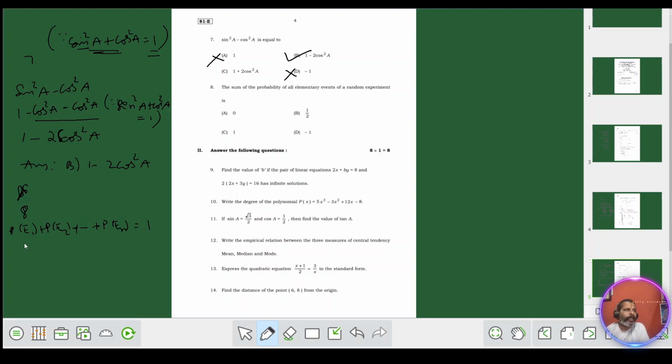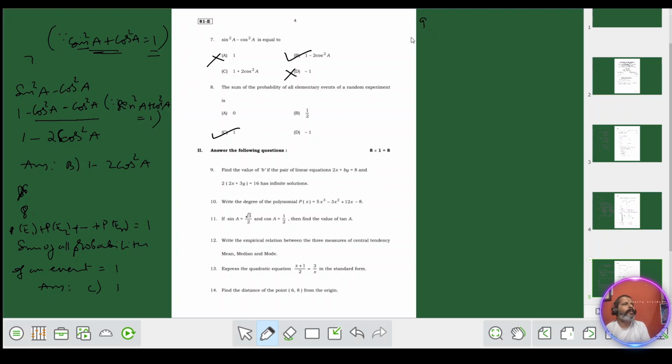You might have heard that the sum of all probabilities of an event is 1. That is the meaning of the question they have asked. So the answer is C, 1. Clear? We'll move to the next question.